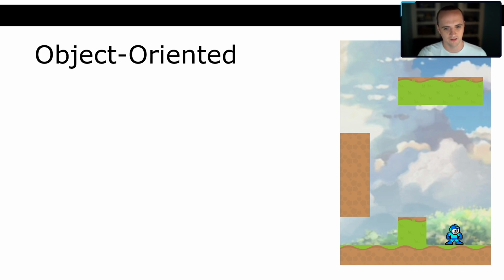Object-oriented design for video games I would define as trying to structure all of the things in our game, like tiles or the player or enemies, in an object-oriented hierarchy. So there's a little bit of a difference between object-oriented design and object-oriented programming.